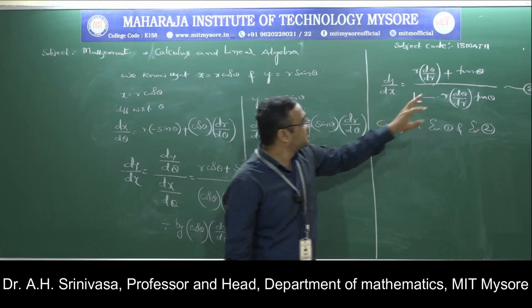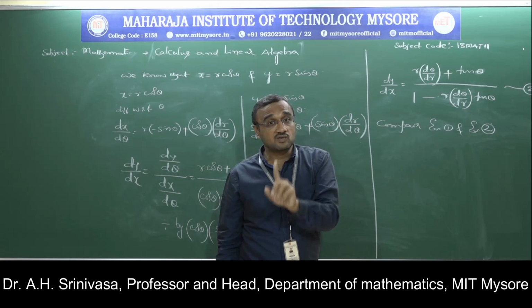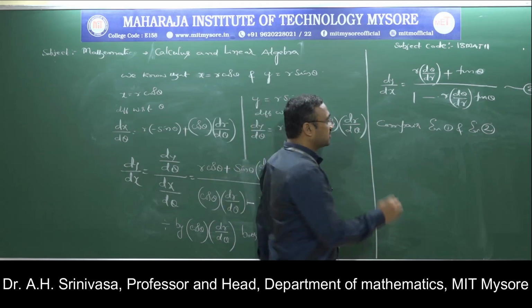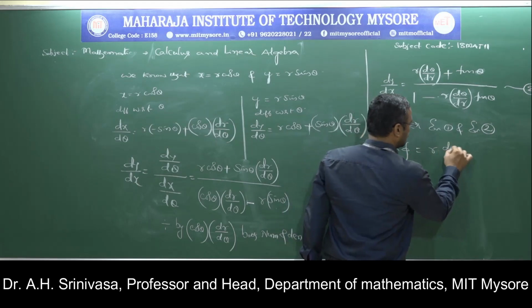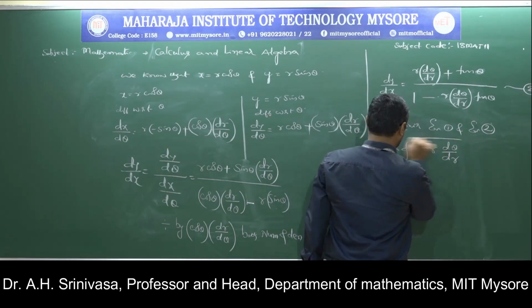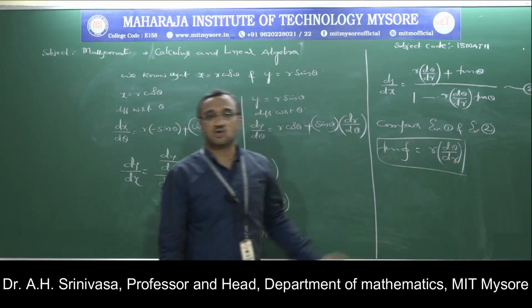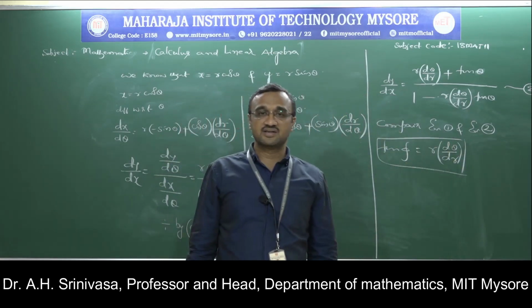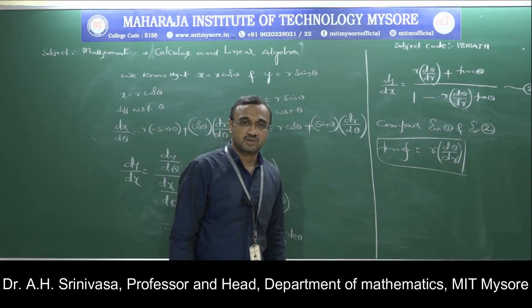In the RHS, in the place of tan theta, only tan phi will be changed here. From equation 1 and 2, we simply write down tan phi is r into d theta by dr. So this is the proof we needed here. This is called the angle between radius vector and the tangent. So one case will be proved.